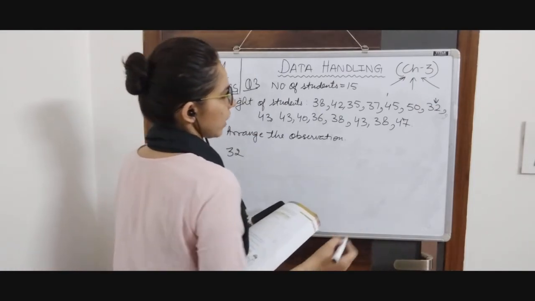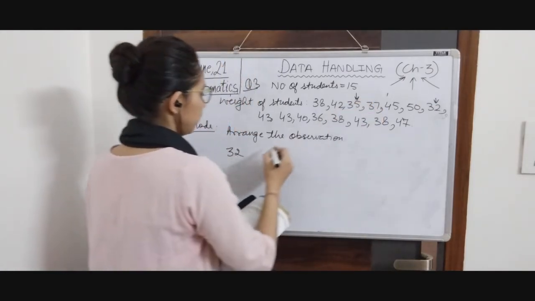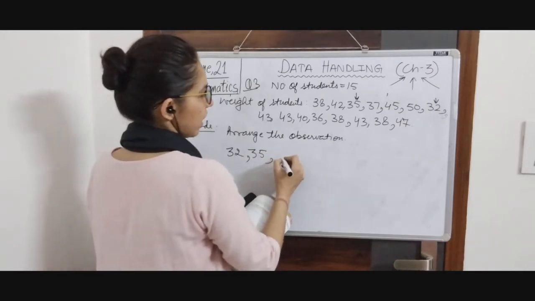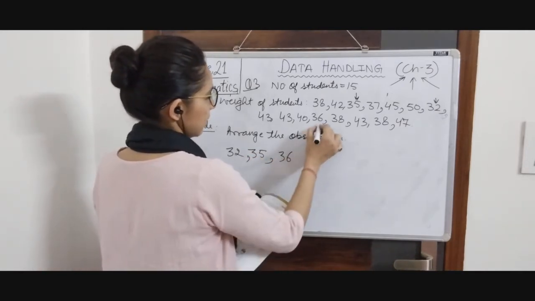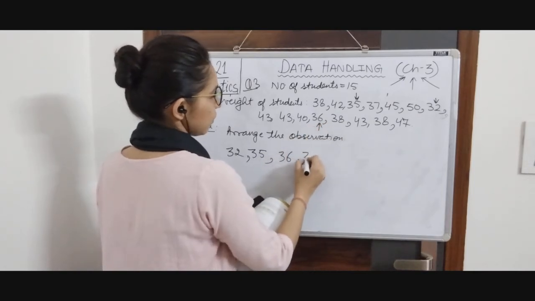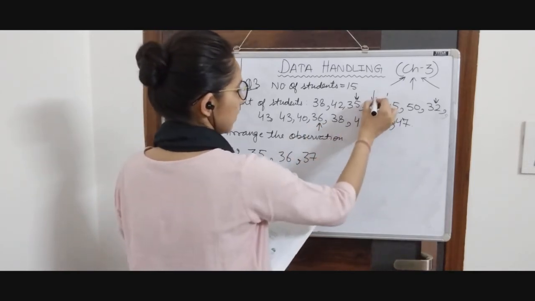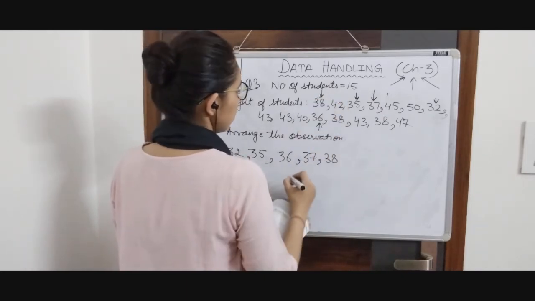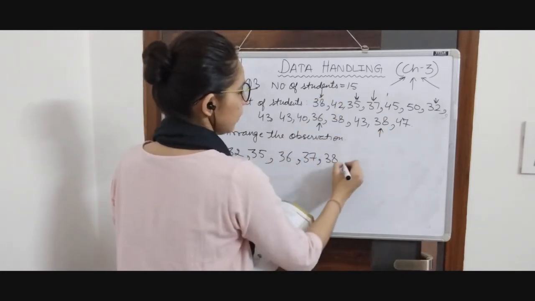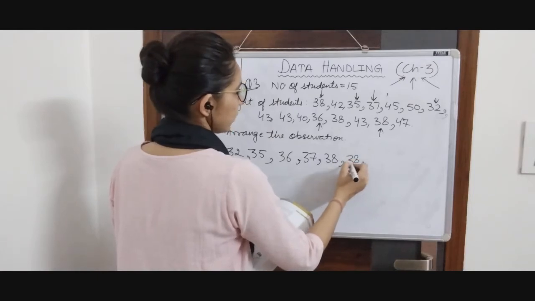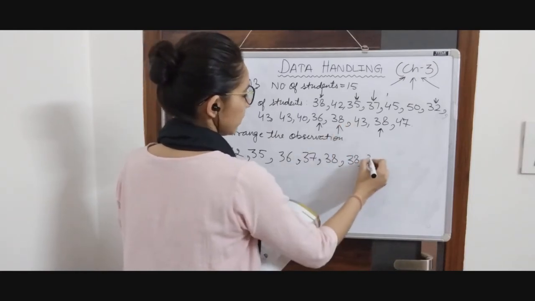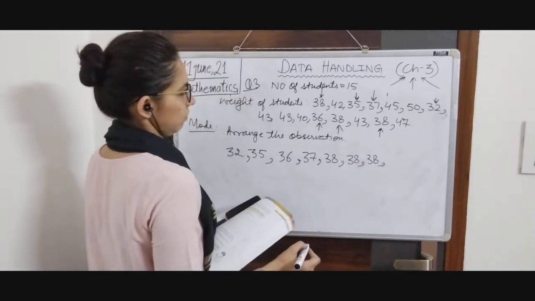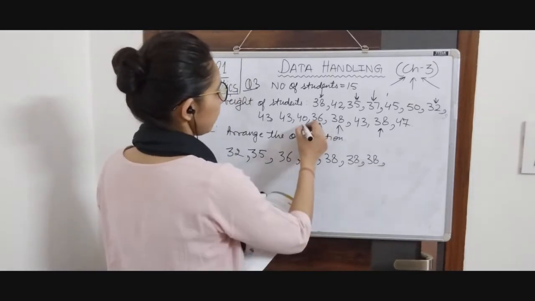After 32 we have 35. After 35 we have 36. After 36 we have 37. Then we have 38 and 38 again. After 38, one more 38. After 38 we have 40.